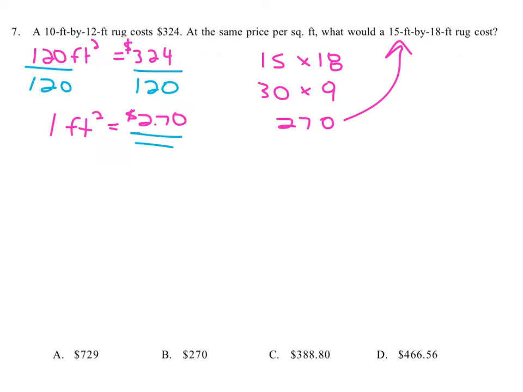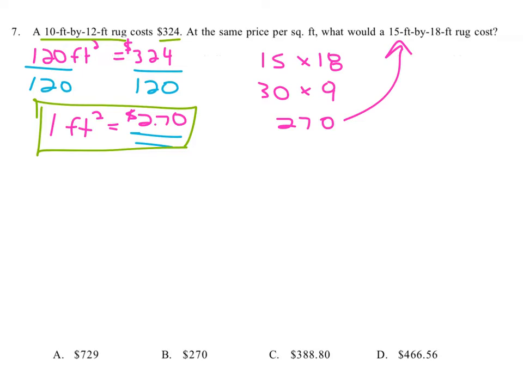Okay, so based on the first rug, we knew that if a 10 by 12 rug, which is 120 feet, costs $324, that works out to be $2.70 a foot.